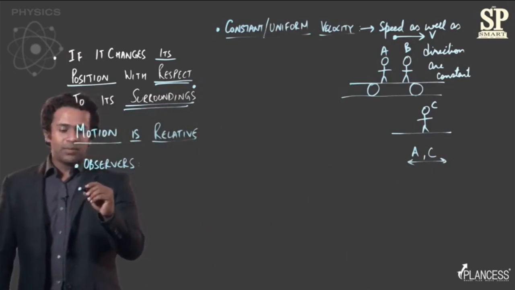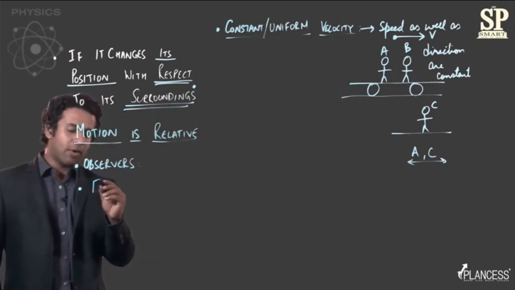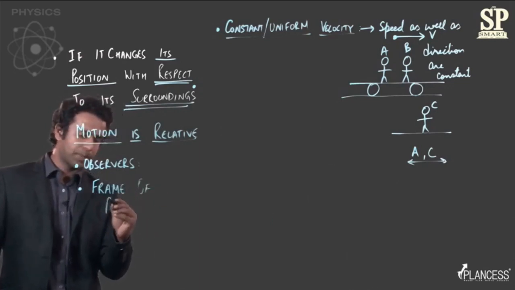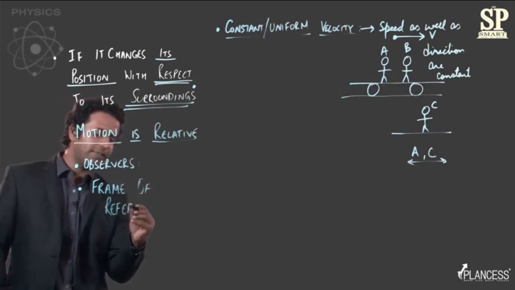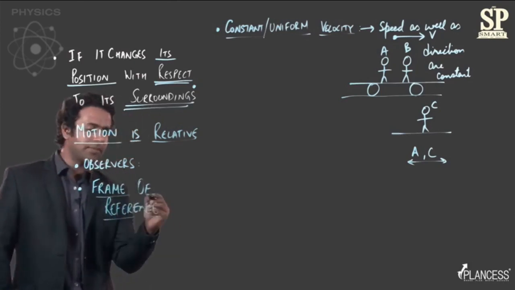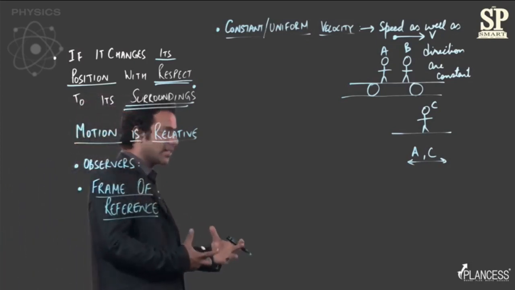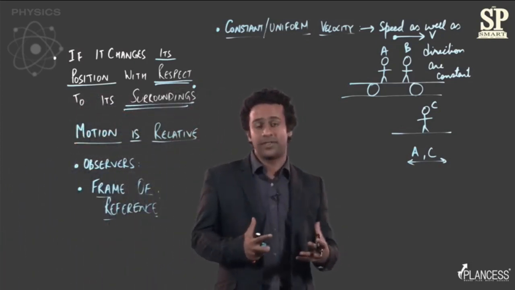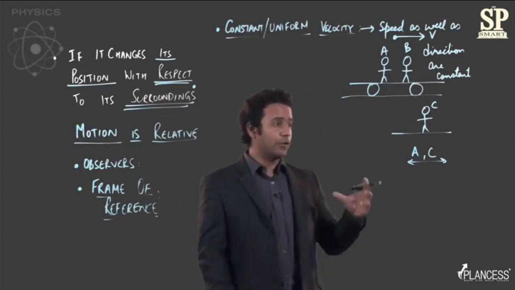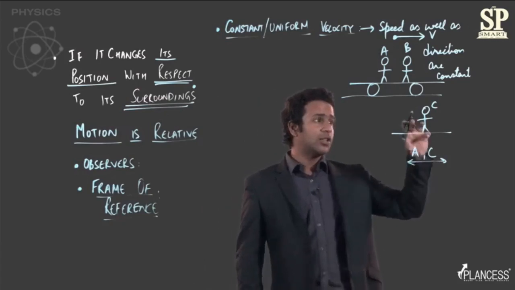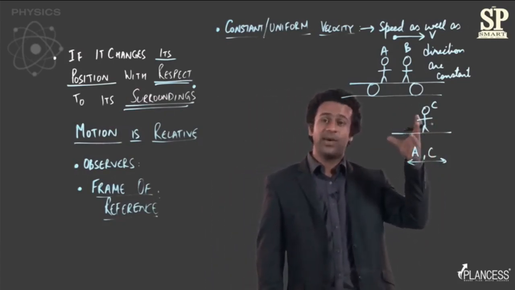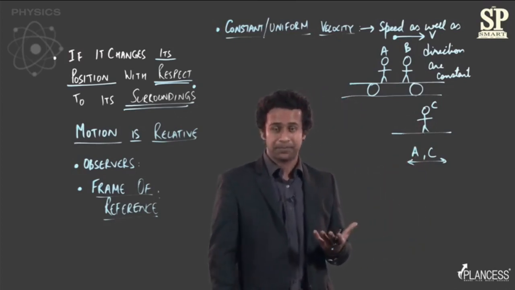Now, another term which is used is called frame of reference. Frame of reference is nothing but the observation of an observer. For example, if you choose to view this motion through C, then your frame of reference is the frame in which C is standing, which is the ground.